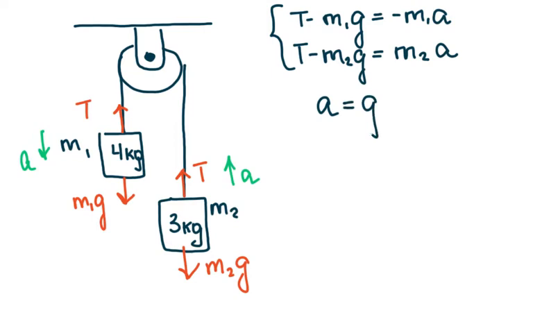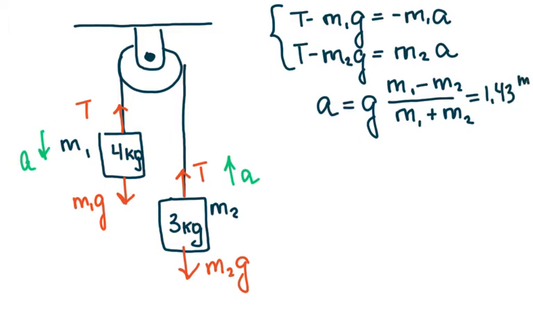then acceleration is going to be G times M1 minus M2 divided by the sum of both of them, M1 plus M2. And in this case, the acceleration is going to be equal to 1.43 meters per second squared.